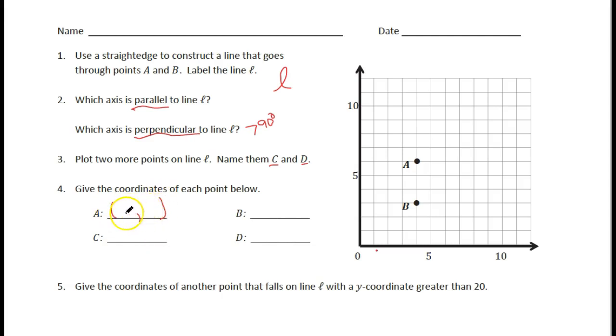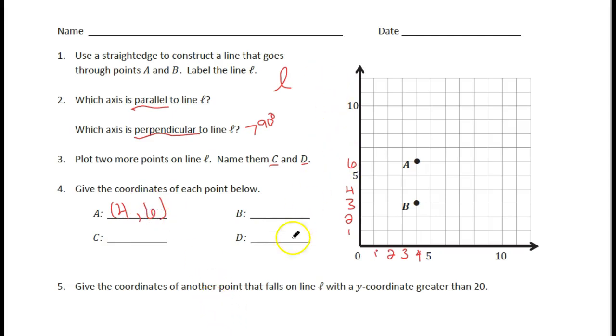So I'm going to, just as a reminder, show you A, and then you can use what you know to make B, C, and D. So A, we can see if this is 5, this is 1, 2, 3, 4, and we can see that A is 4 over on the x, and then where did we go over here? That's a 6. 4, 6.